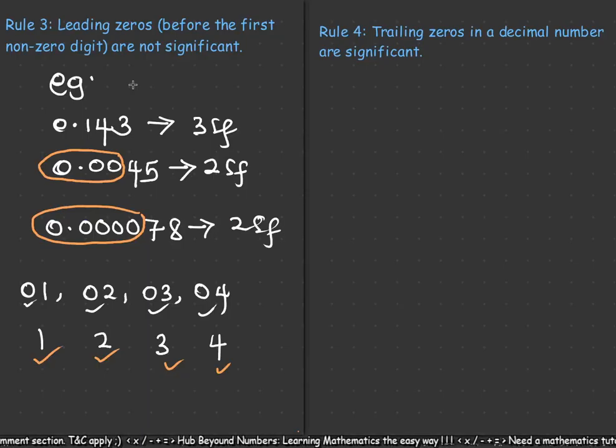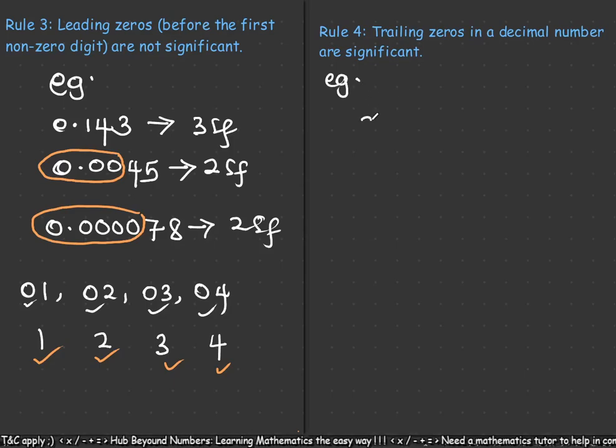We'll start off with those in decimals, right? Now, the rule that applies to them says that trailing zeros in a decimal are significant. Take note, if we start with a whole number, you would see the otherwise.